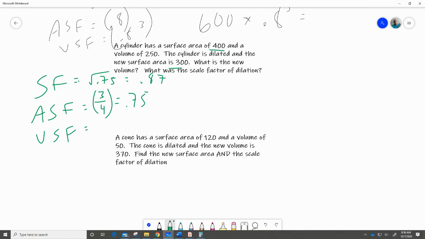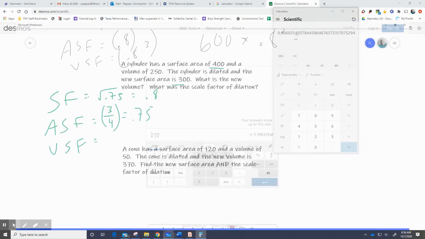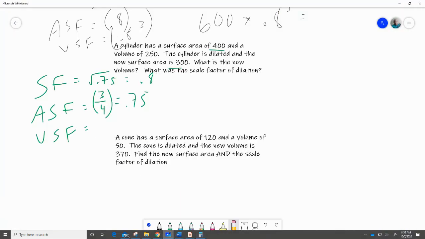Now, the volume scale factor is always the scale factor to the third power. The scale factor was 0.87 or 0.866, whatever. Let's keep it at 0.866. So the volume scale factor is going to be 0.866 cubed.